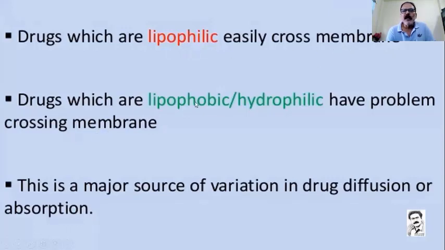Drugs which are lipophobic, that means which hate fat, phobia means fear, those which are hydrophilic, water loving or fat fearing, cannot easily cross the membrane. So this is the major source of variation in drug diffusion and absorption. Drug diffusion or absorption mainly depends on whether it is lipophilic or lipophobic. Lipophilic drugs will be easily absorbed through the membrane.